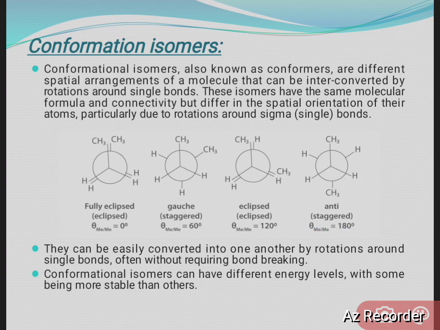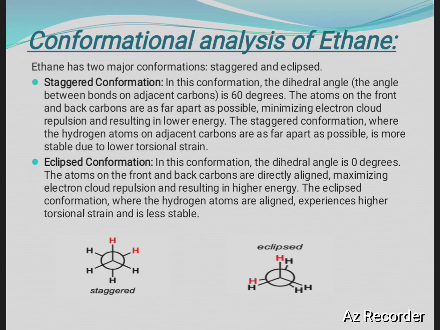They can be easily converted into one another by rotations around single bonds, often without requiring bond breaking. Conformational isomers can have different energy levels, with some being more stable than others.